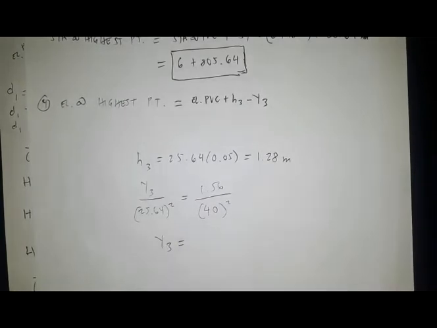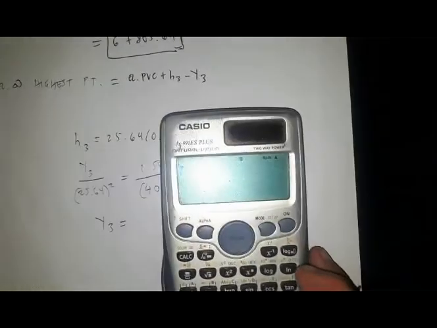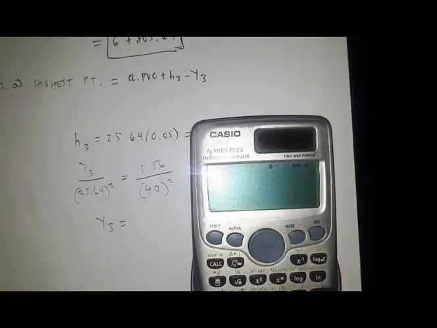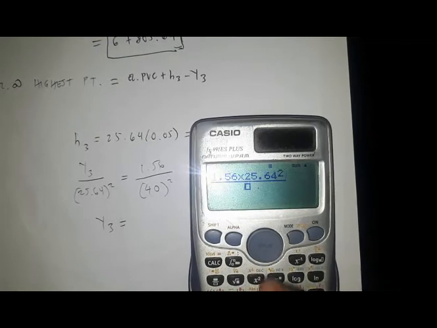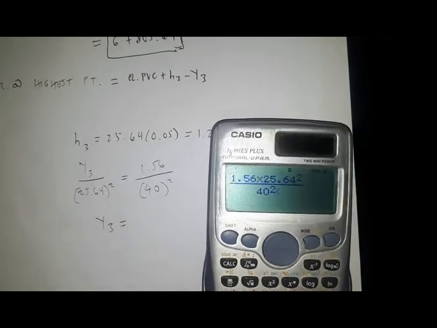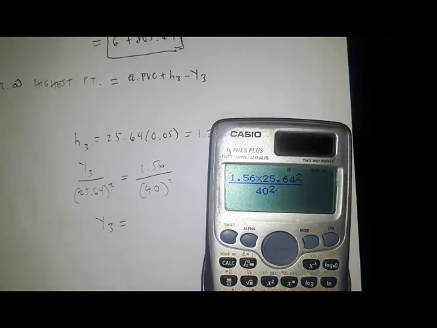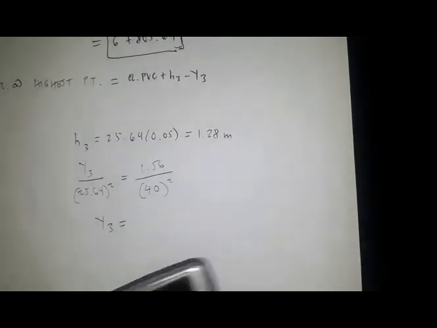Y3 equals 1.56 times 25.64 squared over 40 squared. So Y3 is equal to 0.64.